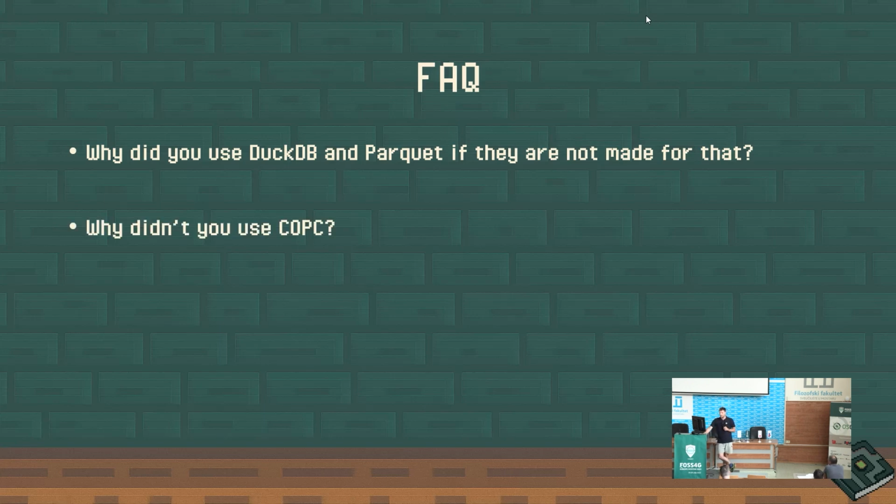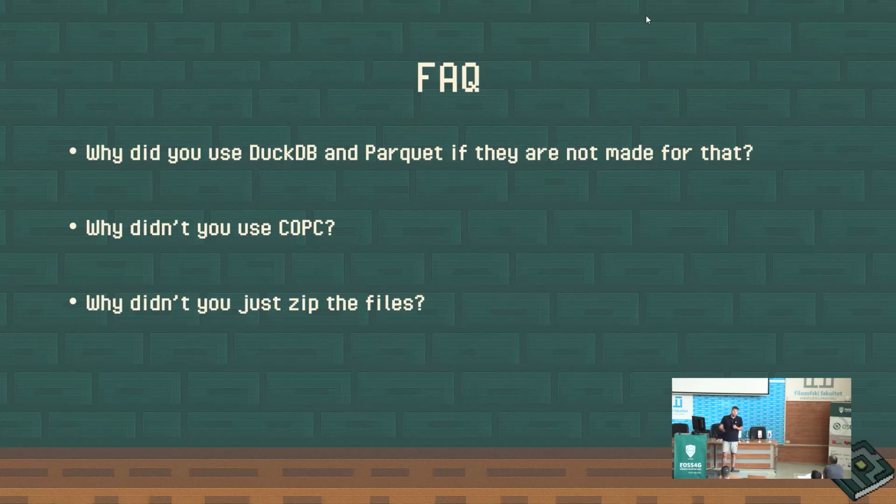Why didn't we use the COP? This could be a better solution, but at the time when we were planning the whole system, this wasn't an option because it was just in the early stages of development.